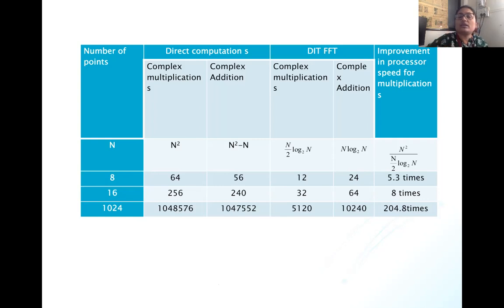Therefore the DIT FFT algorithm is more popular. When the input data is very big, the number of DFT computations is very big, so we can use the DIT FFT algorithm to get fast computations. That is the key point that you should note down.